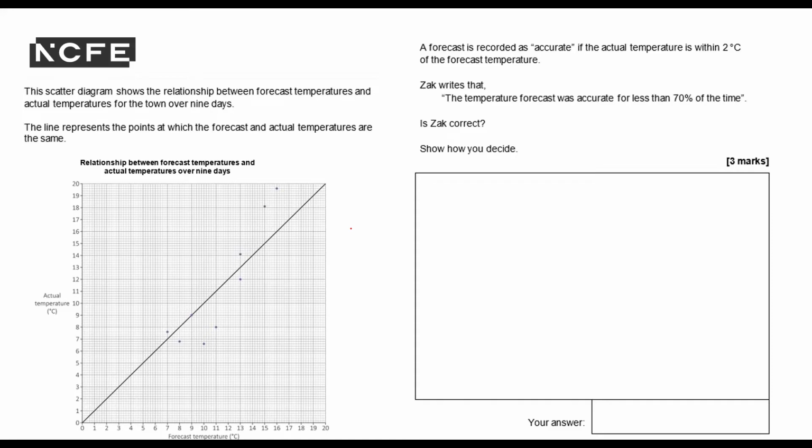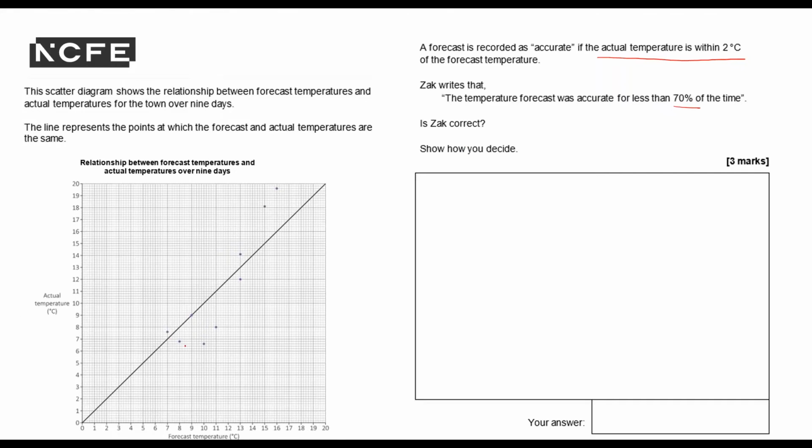Now there's 3 marks here, so I can spend 6 minutes on this question. The important information is it's when the actual temperature is within 2 degrees of the forecast. And he's saying that it's accurate for less than 70% of the time. And the fact that it says, is that correct, show how you decide, means that I am going to need to show my working.